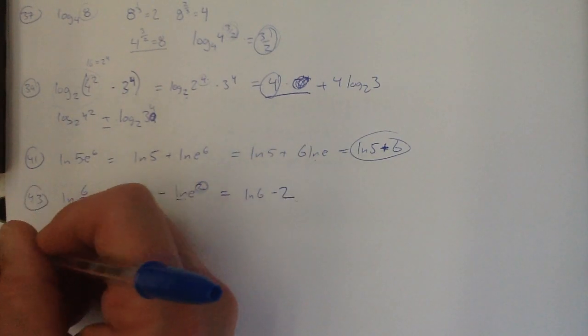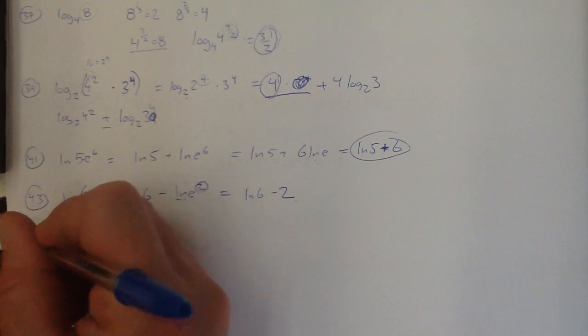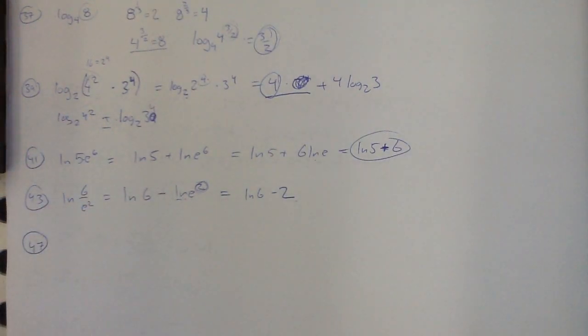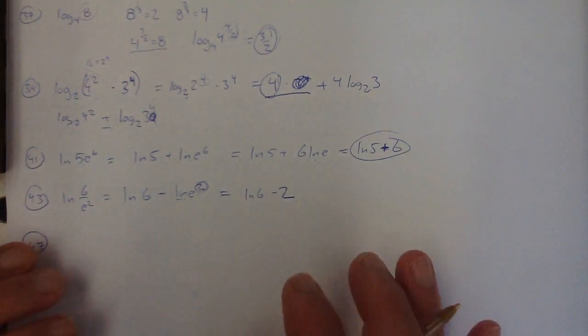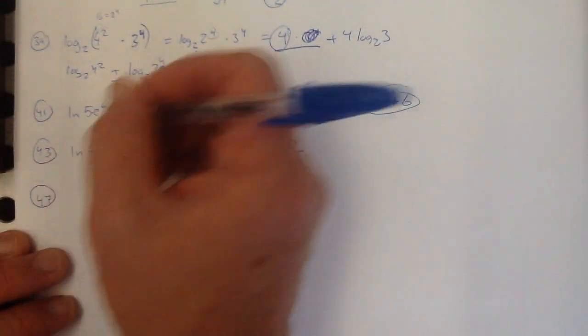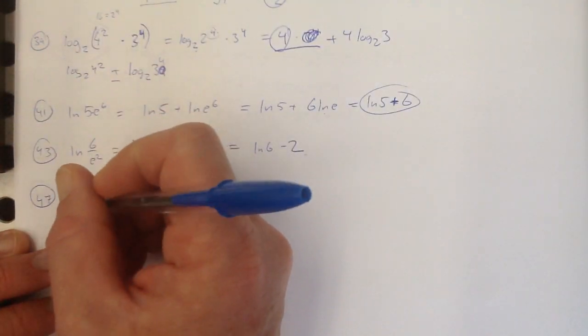Let's see, number 47. Use the properties of logarithms to expand as a sum, difference, or constant multiple of logarithms. Okay. So same kind of thing we're doing here.